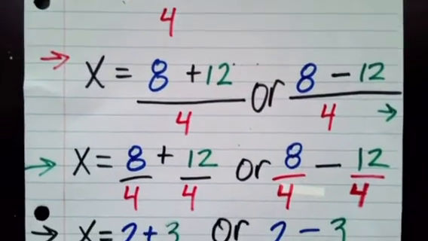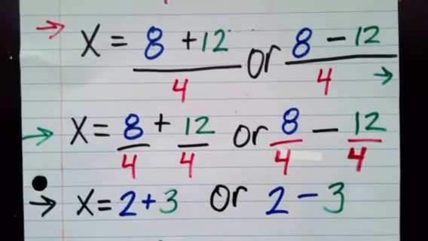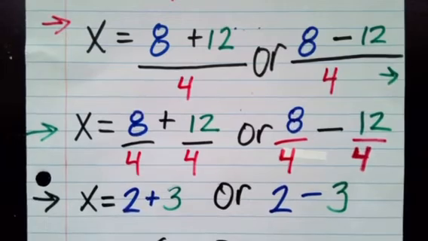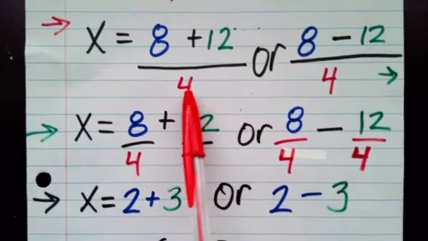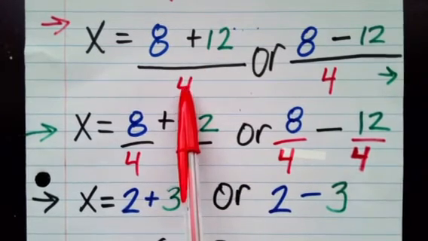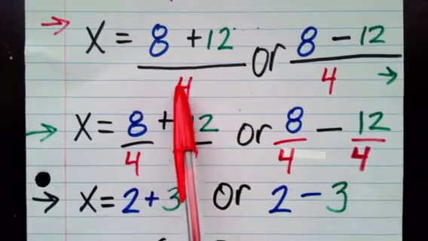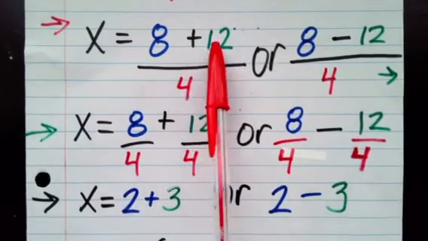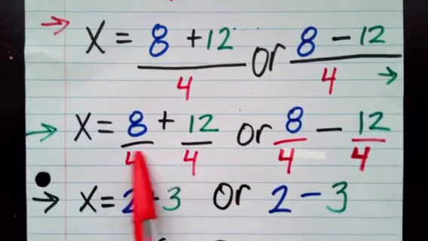So I'd like to show you both of those right here. 8 plus 12 divided by 4 or 8 minus 12 divided by 4. So remember this 4, and I don't think I made it crystal clear in the videos before, but this 4 in the denominator goes with both of these terms. So I can write this 8 over 4 plus 12 over 4, and that's what I'm showing you here.